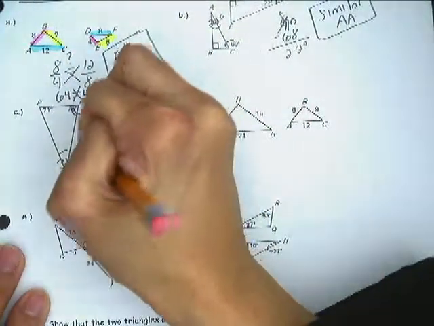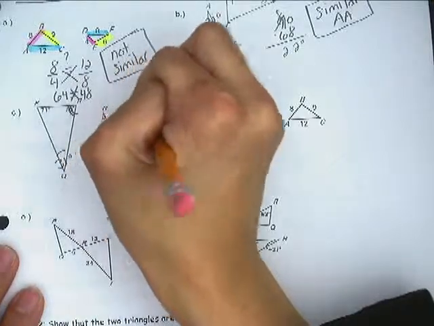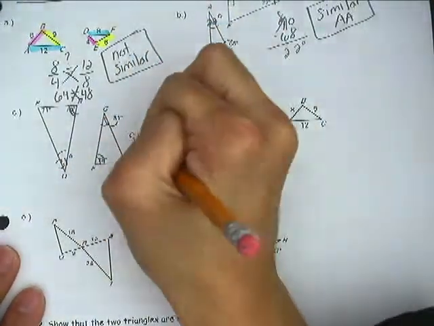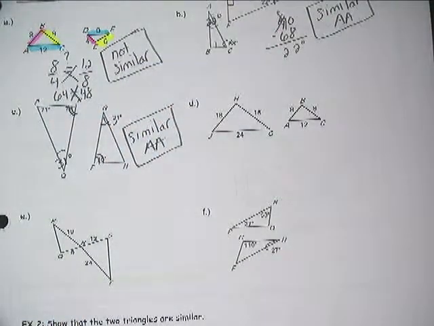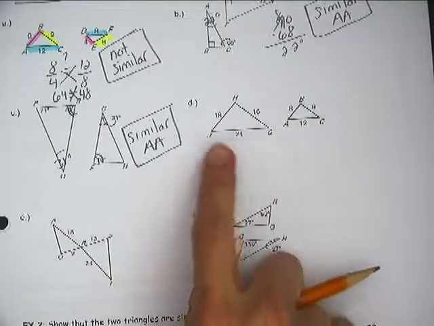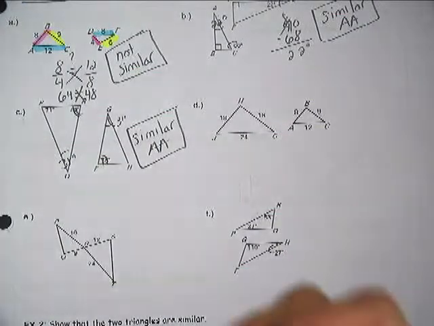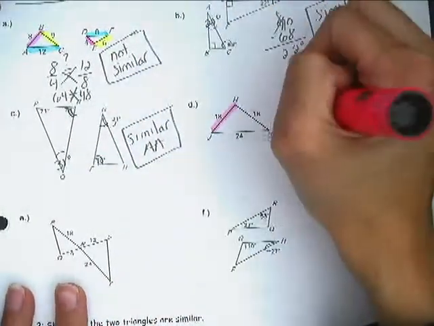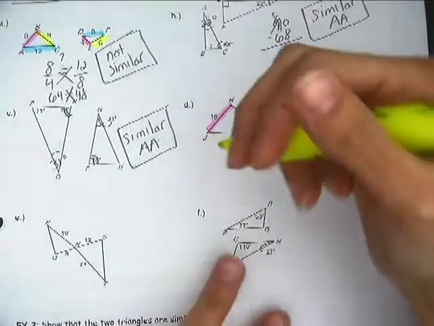So let's see, 180 minus 71 minus 78, and I get 31 degrees here. So I do have a match. This is congruent to this angle. These 2 angles are congruent to each other. So yeah, they are similar. How do I know? Angle.